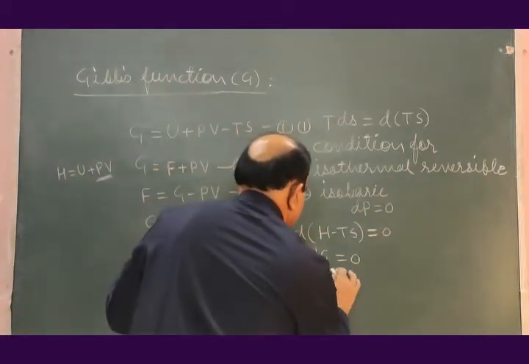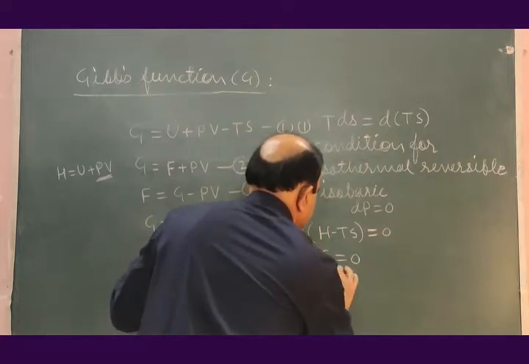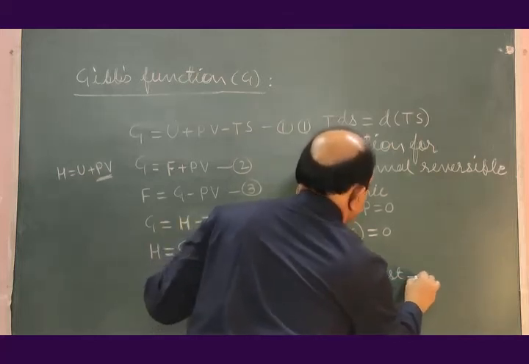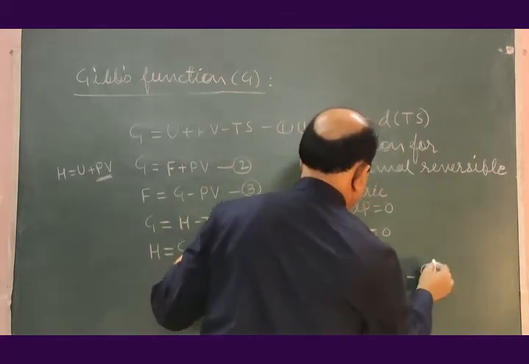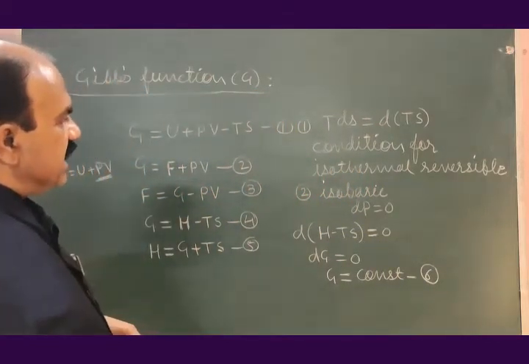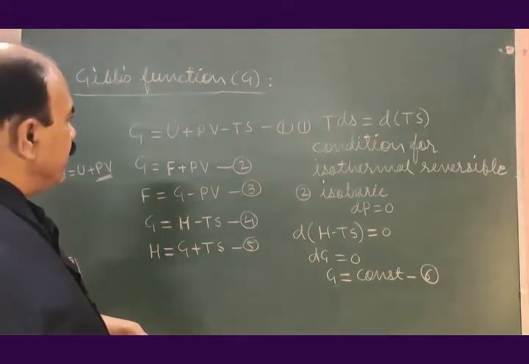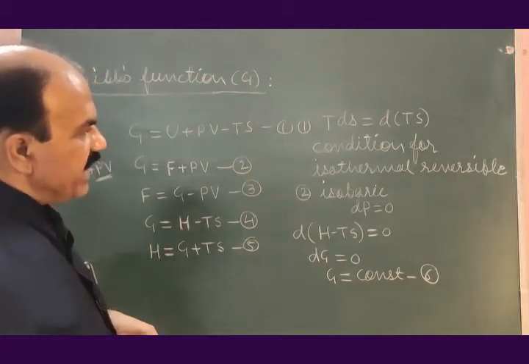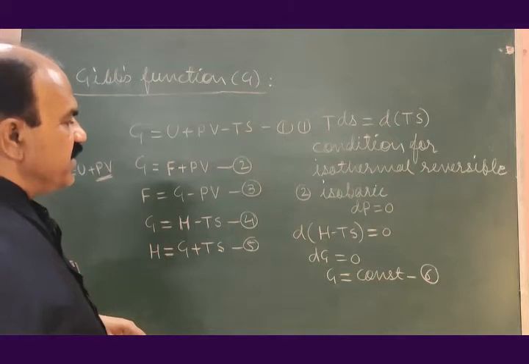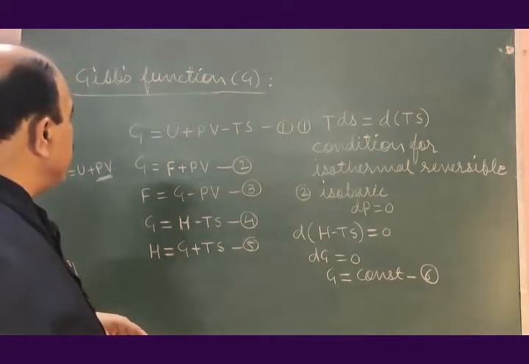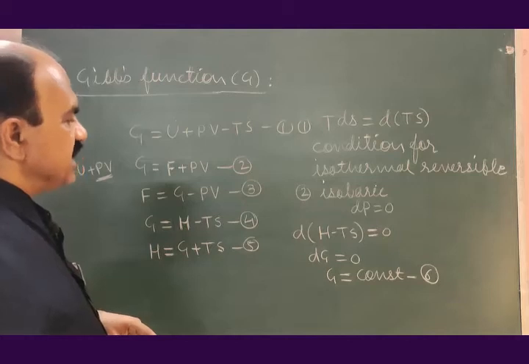In other words, G is equal to constant, equation number 6. It means that if you carry out isobaric isothermal reversible process, the Gibbs free energy of the thermodynamical system remains constant.